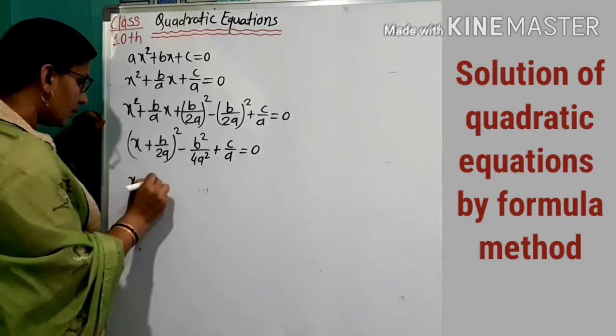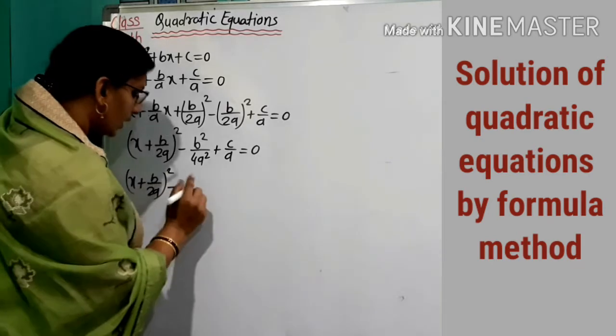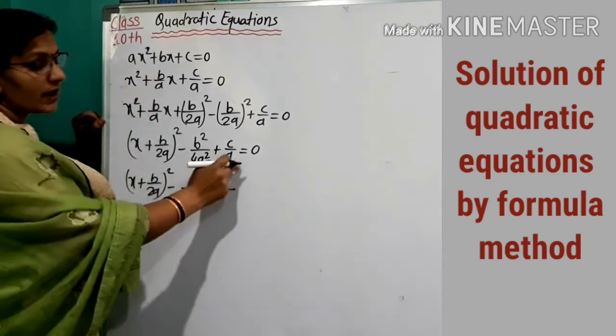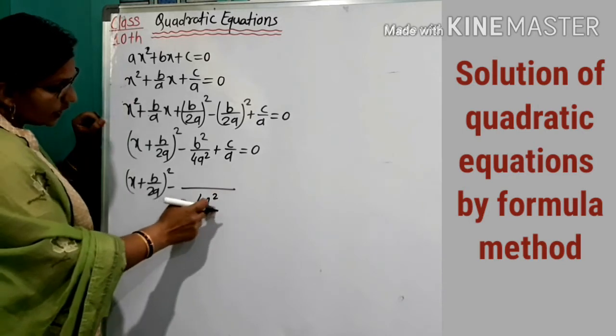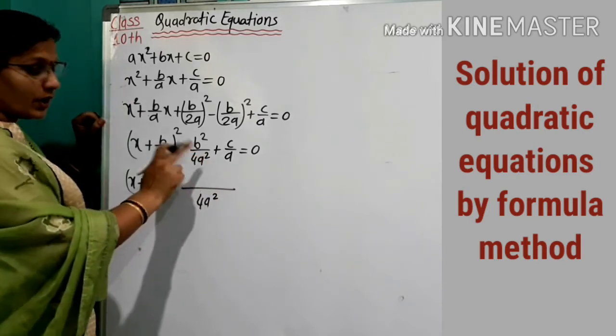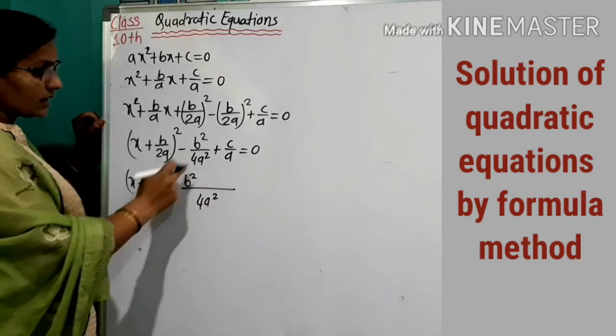So x plus b upon 2a, here the LCM of 4a square and a is 4a square. Divide 4a square by 4a square, we have 1. 1 into b square, b square. Here the minus sign is taken here.